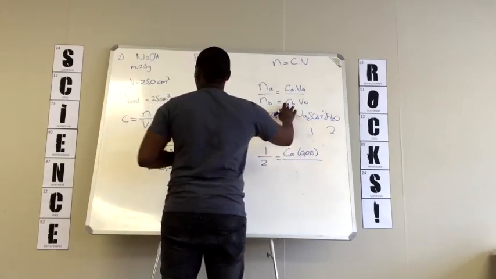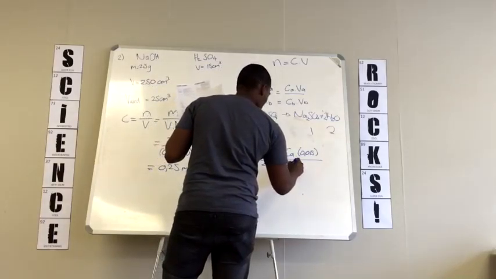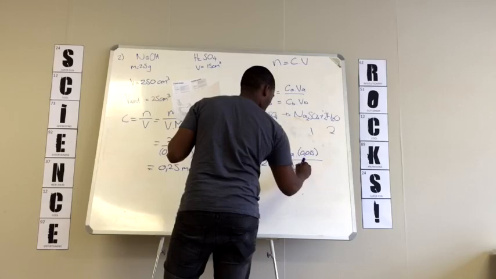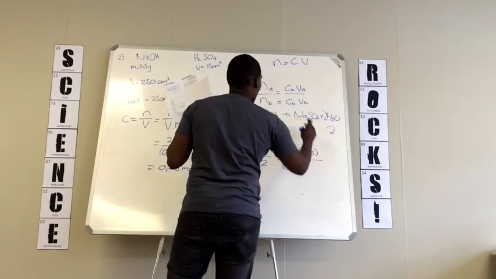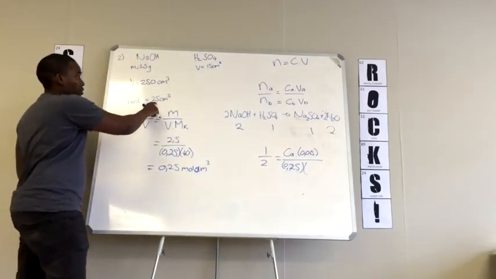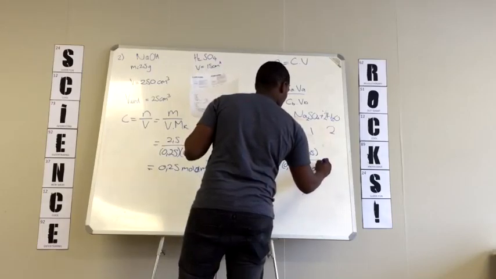Concentration of my base, we worked out there: 0.25. And then the volume of my base is the one that we used here, 0.025 as well.